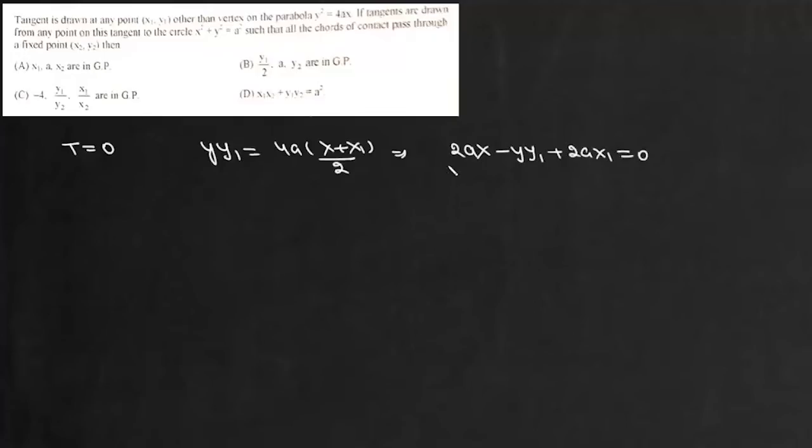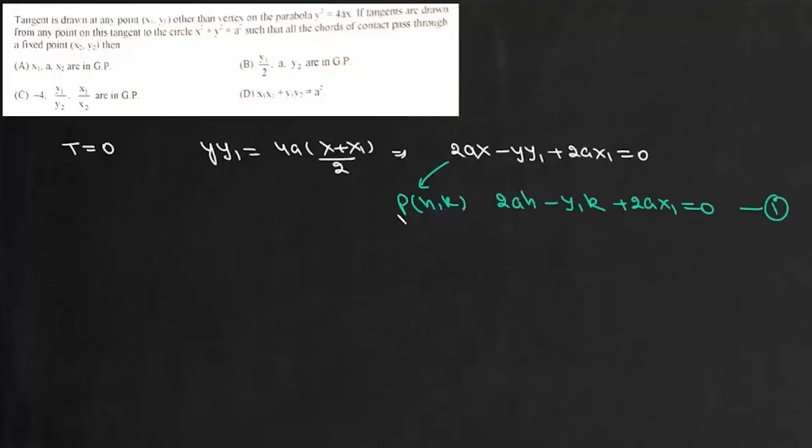Now suppose a point on this tangent is this point P, which is (h, k). So we'll get 2ah minus y1 k plus 2ax1 equals 0, and that's our first equation.